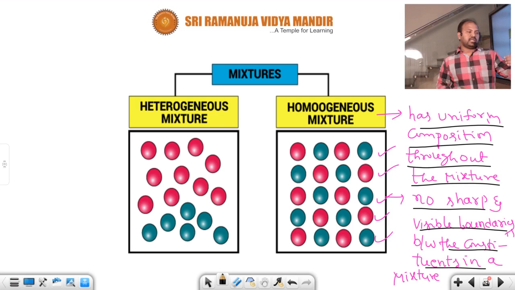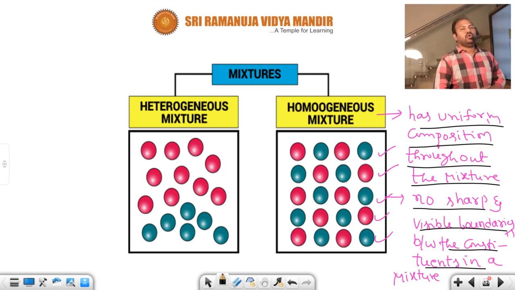Constituent means, if you take salt dissolved in water, what are the constituents? Salt and water. Sugar solution, what are the constituents? Sugar and water. Glucose solution? Glucose and water.